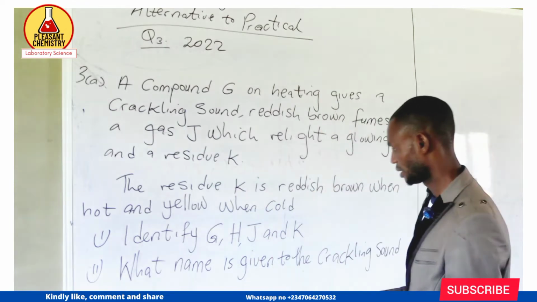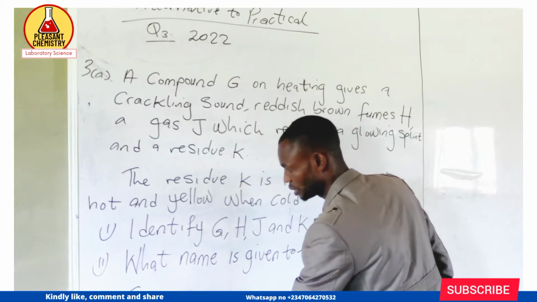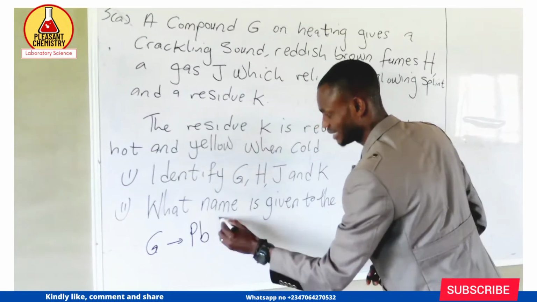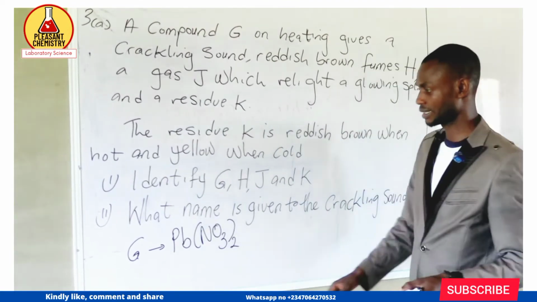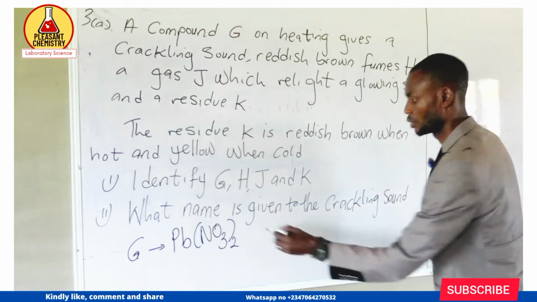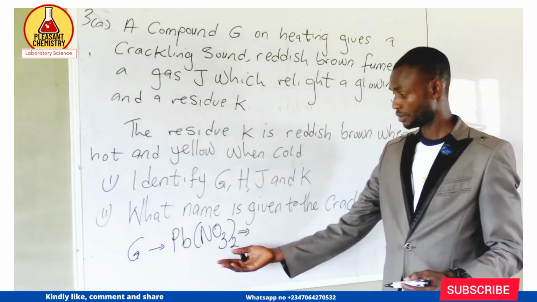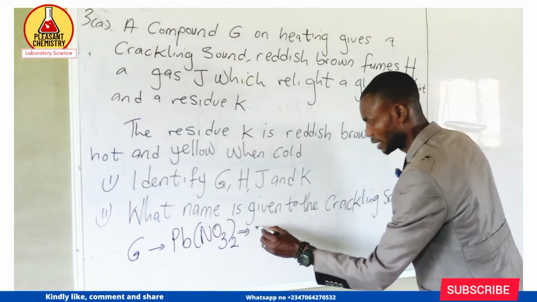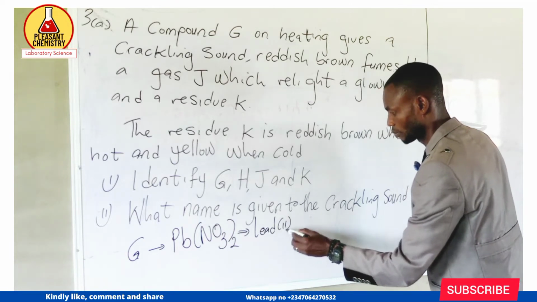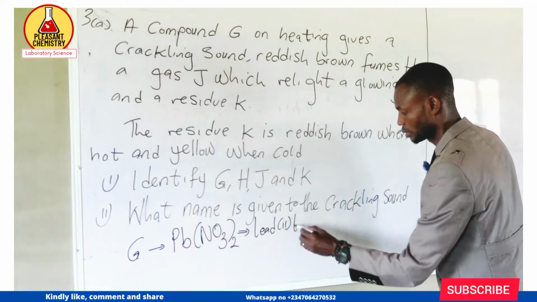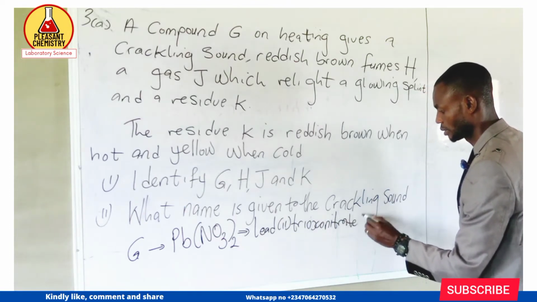So here, the compound G is lead(II) trioxonitrate(V), Pb(NO3)2.